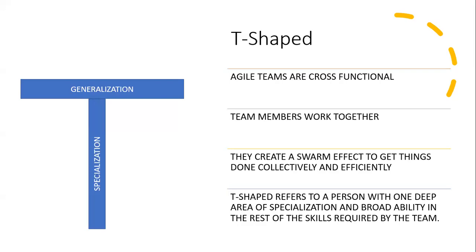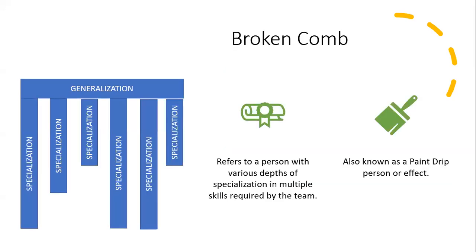Now, let's talk about our final term here. And this is not deeply covered in the Agile Practice Guide, but it is mentioned. You've got the broken comb, which is also called a paint drip. And I stumbled on a Facebook article by Kent Beck and I quite liked it. And in that article, what was written was: skilled people are good at different things and they develop interests over time.